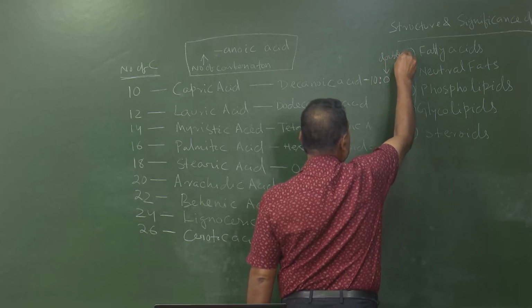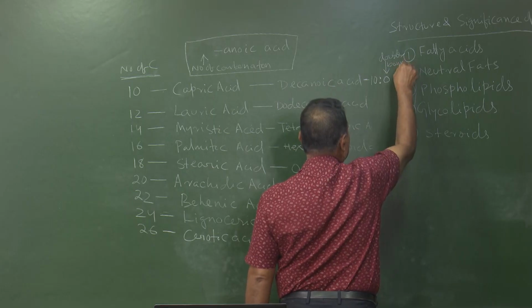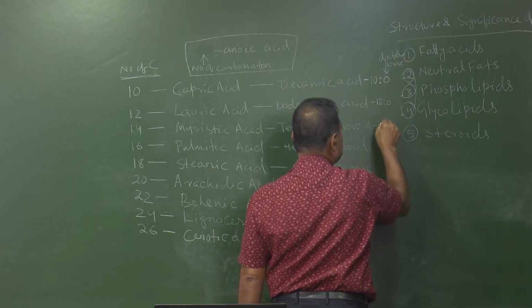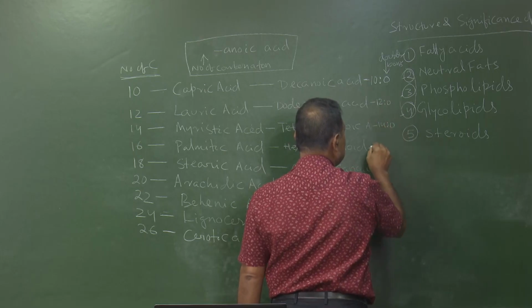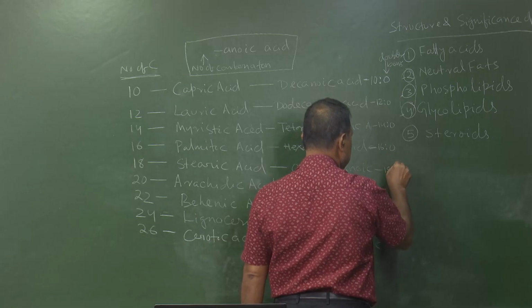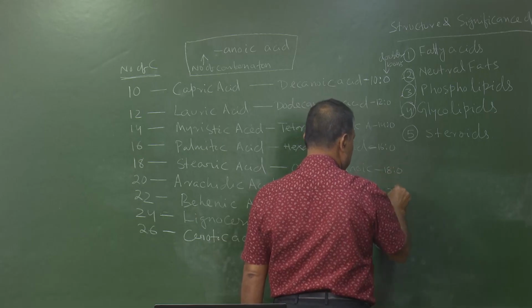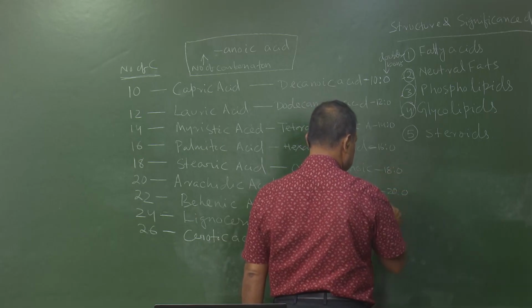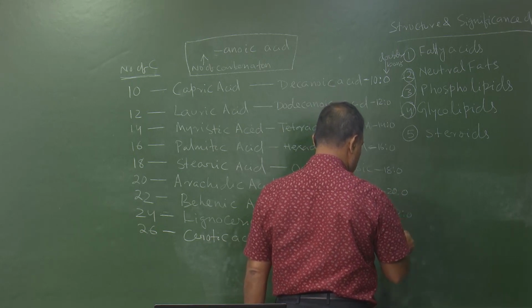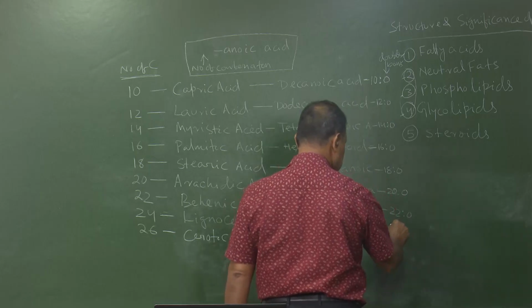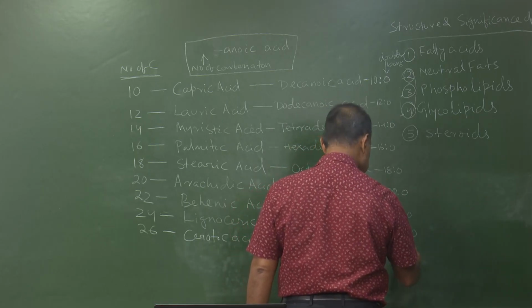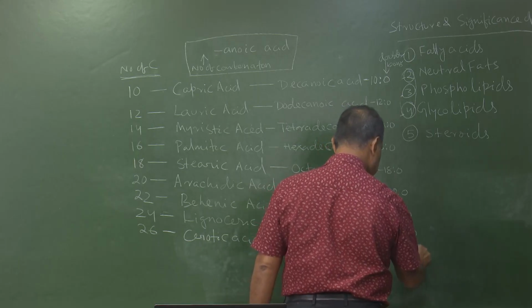So we can write 12:0, 14:0, 16:0, 18:0, 20:0, 22:0, and lignoceric acid 24:0, and cerotic acid 26:0.